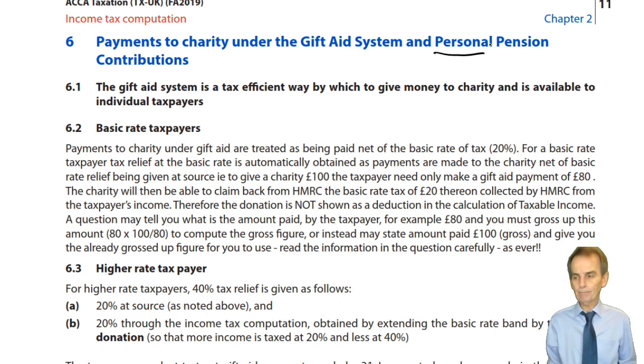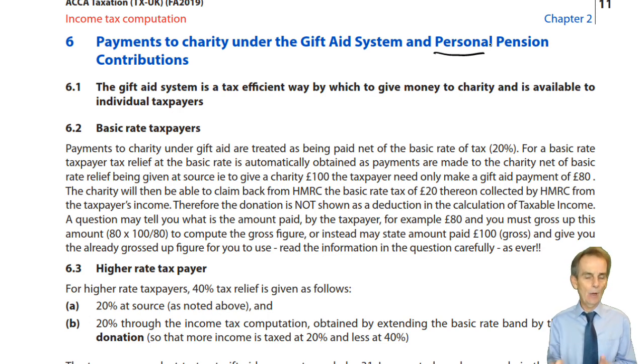If you are an employee and your employer does not operate such a scheme, or you are self-employed, then if there is no occupational pension scheme available to you, the only pension scheme available to you is personal pension. It is that one that we'll be dealing with here.